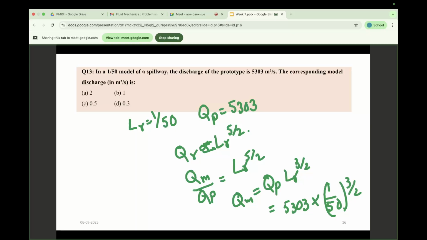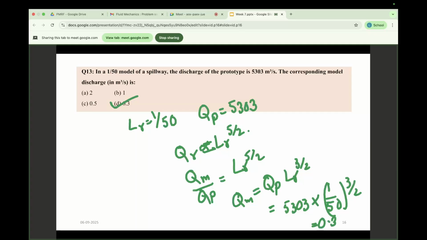Using the calculator you will get the answer, right? So I am using the calculator here. You will get an answer of about 0.3. So the correct option here is option D. It's a similar question to the previous one, and both of you answered it correctly.